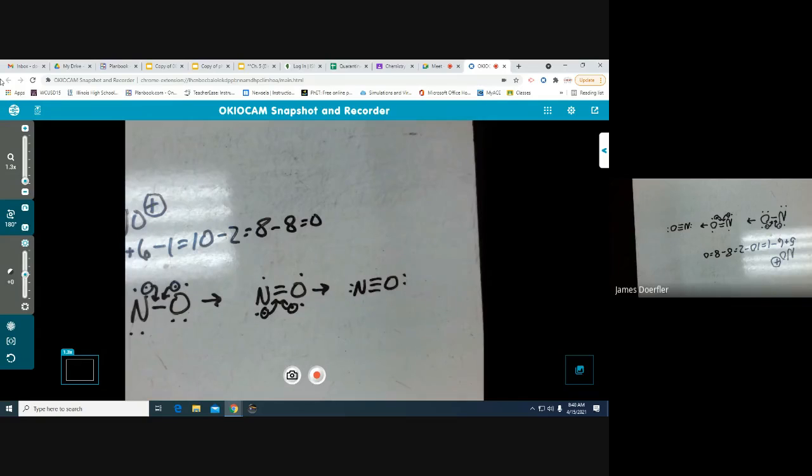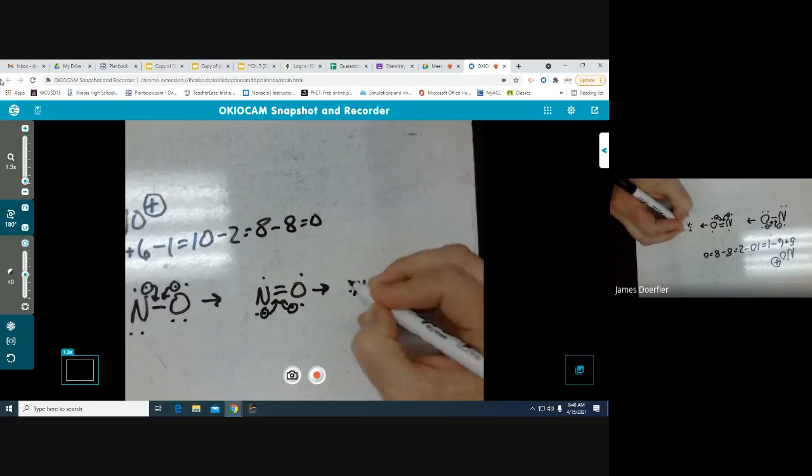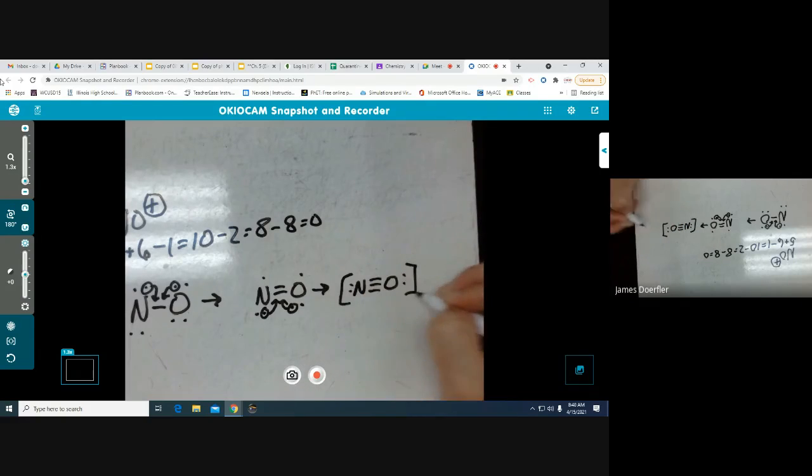But this is your heads up. This is a polyatomic ion. In order to have a finalized polyatomic ion Lewis structure, there's one more step you have to do. And that is you have to place them in brackets, and in the upper right-hand corner, place the charge.